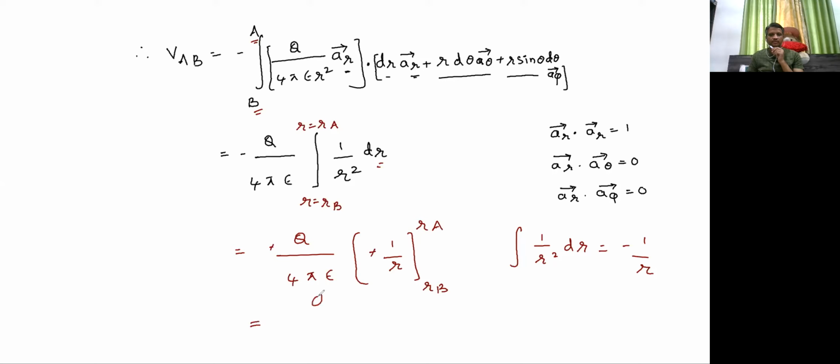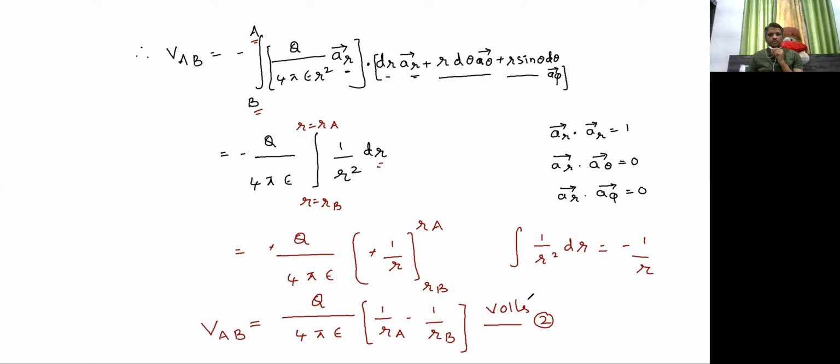So what is left is Q by 4 pi epsilon into 1 by RA minus 1 by RB. And this is the expression for the potential difference VAB, and call this equation 2, and the units will be volts.